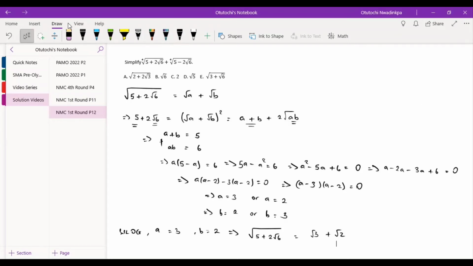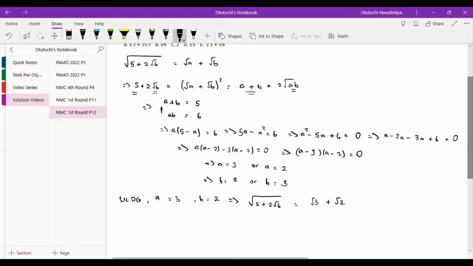Now, similarly, for the case of the root of 5 minus 2 root 6, you're just going to have the conjugate of this. So you have root of 5 minus 2 root 6 is going to be equal to root 3 minus root 2.